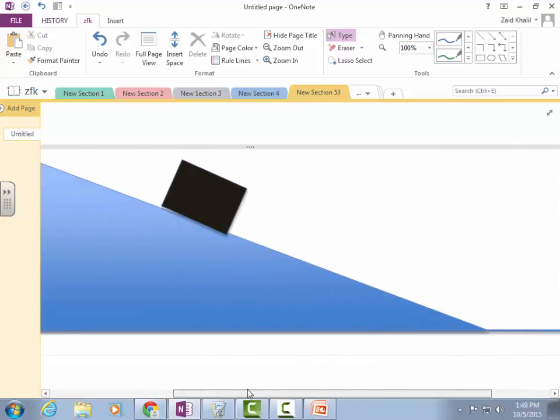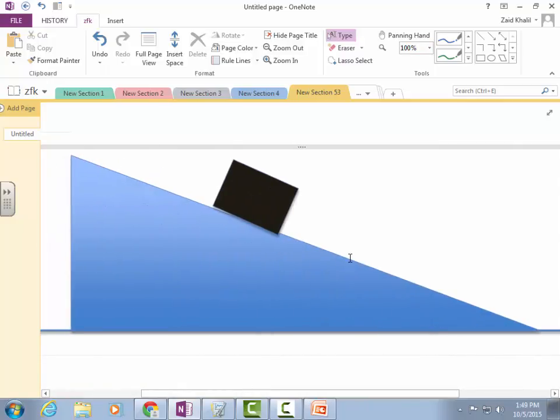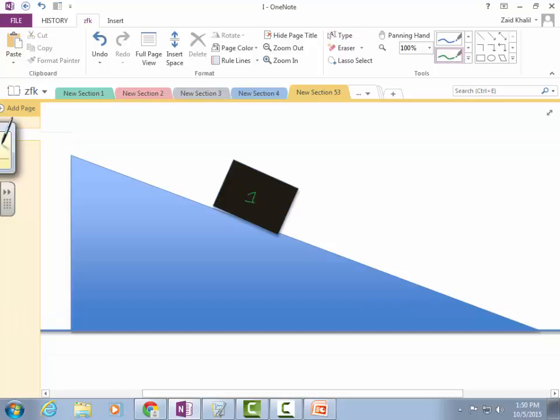Okay, so I'm going to call this body 1, this body 2, and this body 3, meaning the floor is 3. Notice by doing this, what am I really doing? Allowing myself to be able to write 1 on 2, 2 on 3, and so on and so forth.